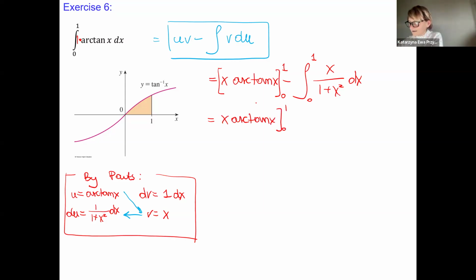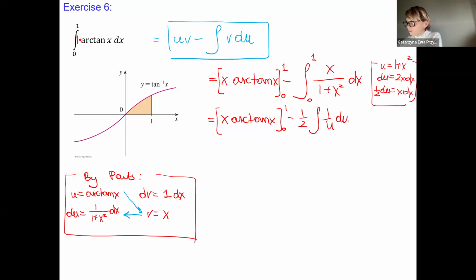Arctangent of x, I can copy this. And when I let u to be 1 plus x squared, 2x dx, we will have an extra 1/2. Extra 1/2 x dx. It will be 1/2 times 1 over u du.